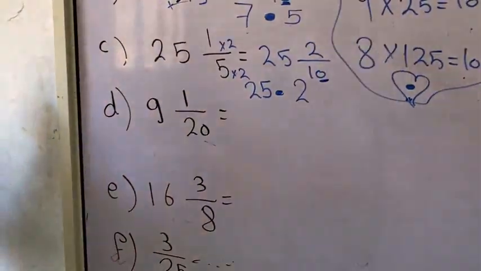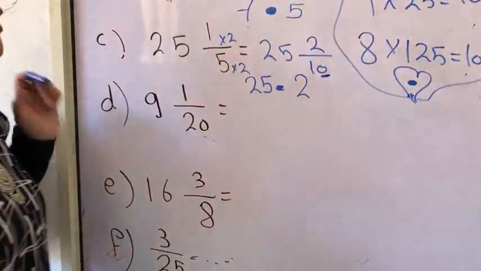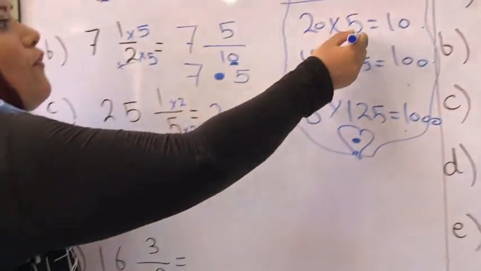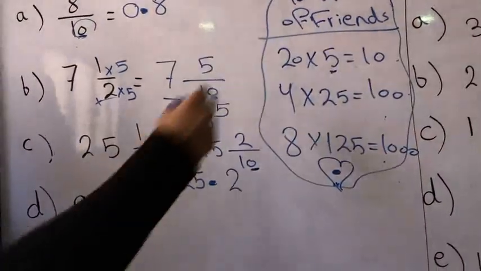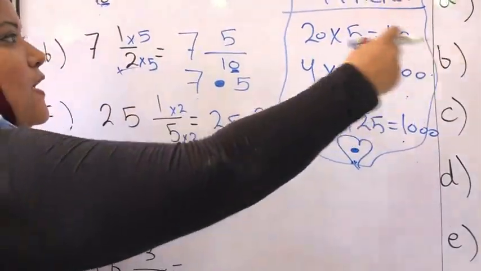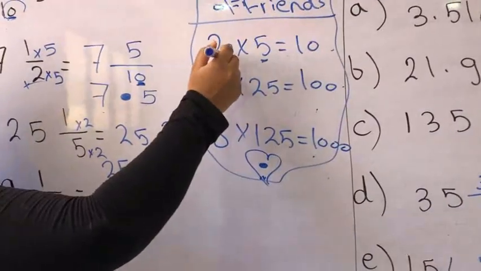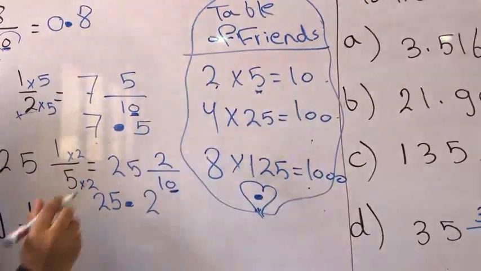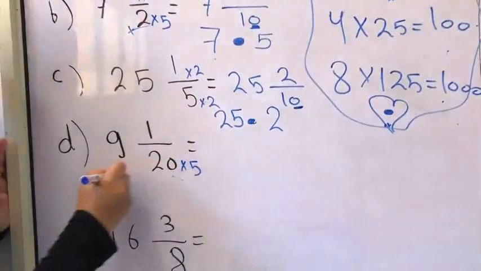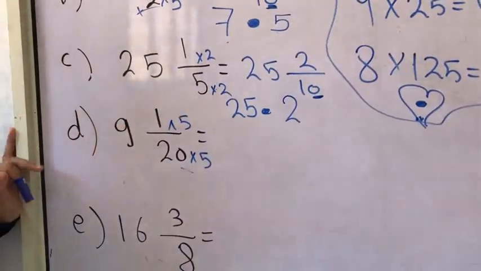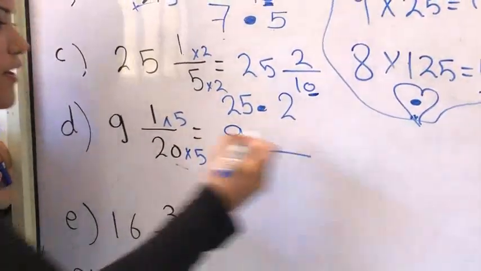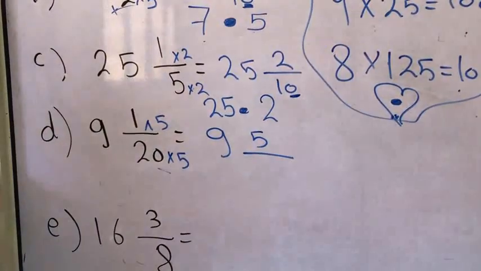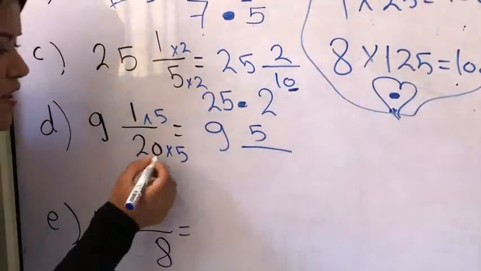What is the friend of 20 here? The 2 becomes 10 with 5, so take 5. So I will multiply 20 also by 5. I have here 9 and 1 multiply 5 is 5. 20 multiply 5, this is easy.